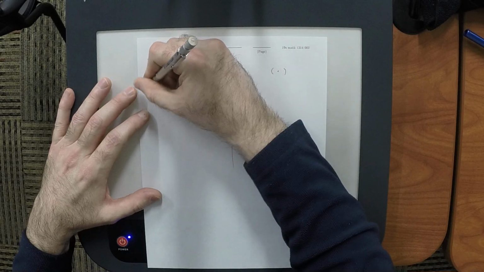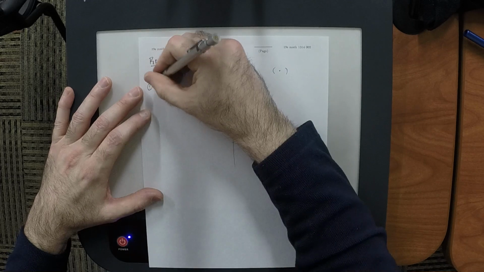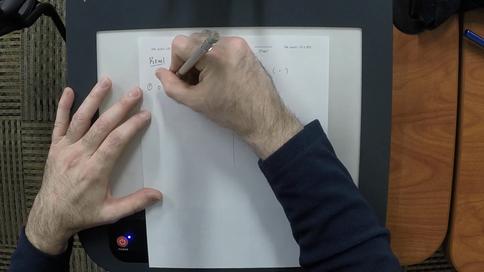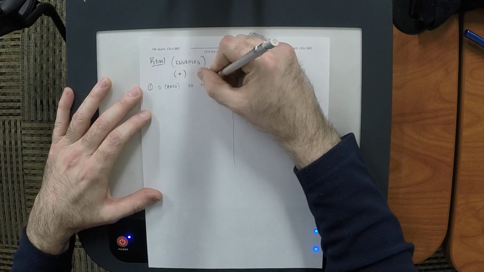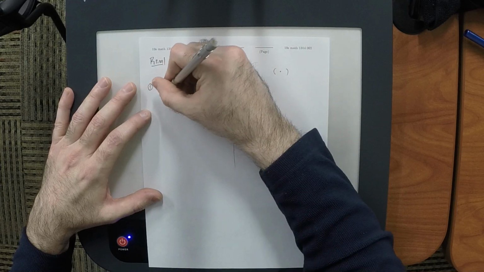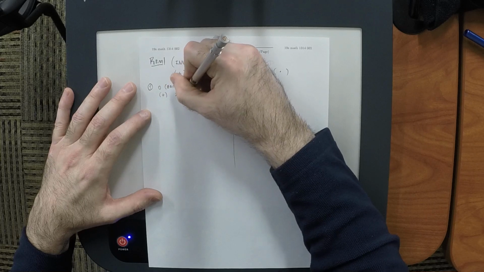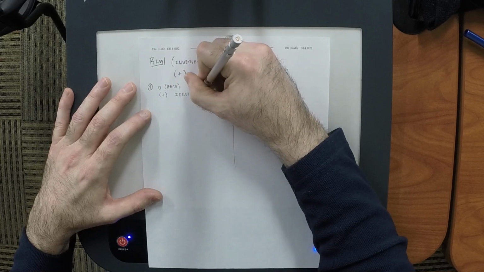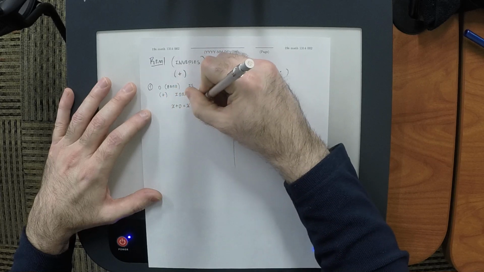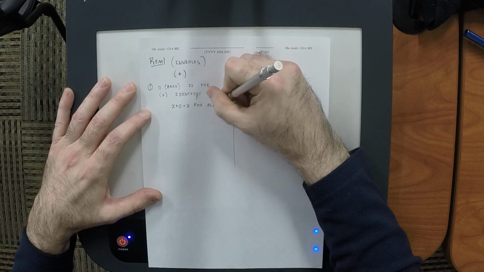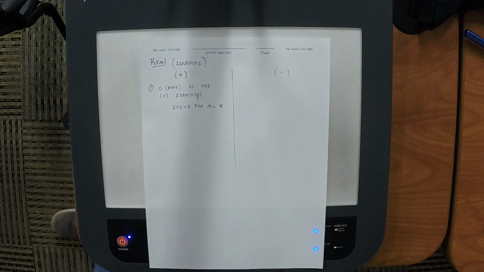So the first comment in the add column is that 0 is the additive identity, because x plus 0 is x for all x. Okay, so by identity, what we mean is the element that is neutral with respect to add. So adding 0 is the same as doing nothing.